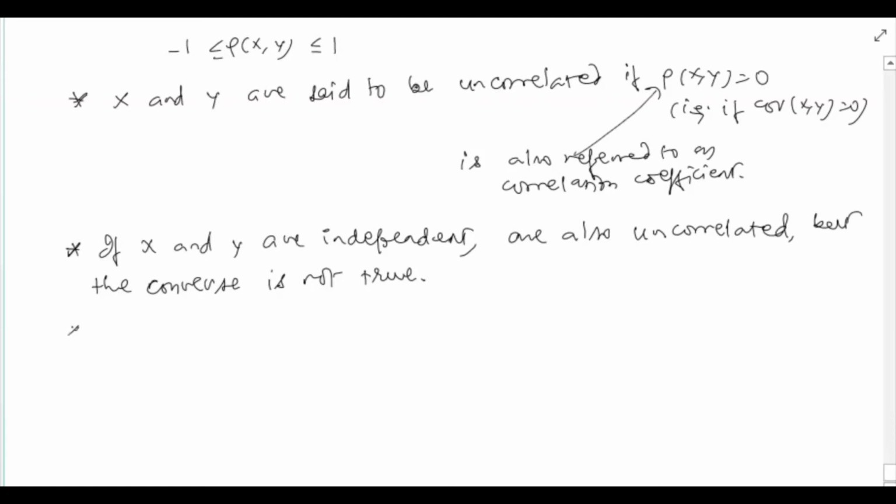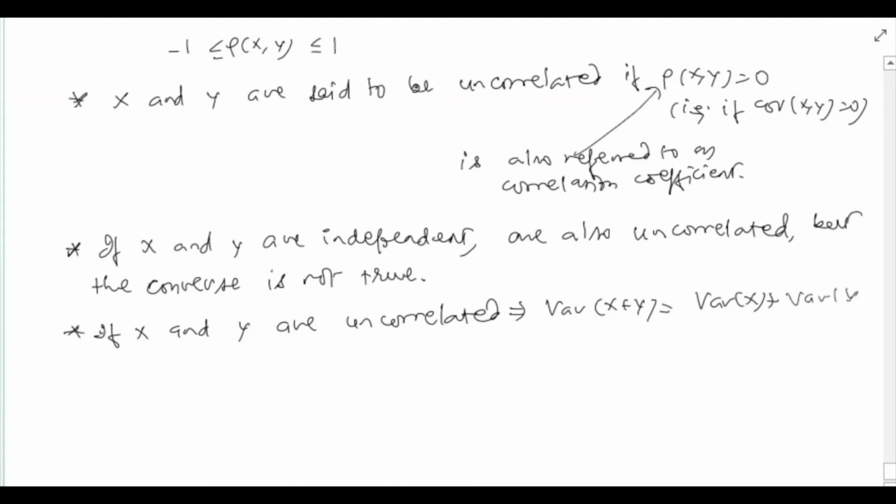Next fact is, if x and y are uncorrelated, then variance of their summation is simply sum of their variances. The next fact is a generalization of this fact.